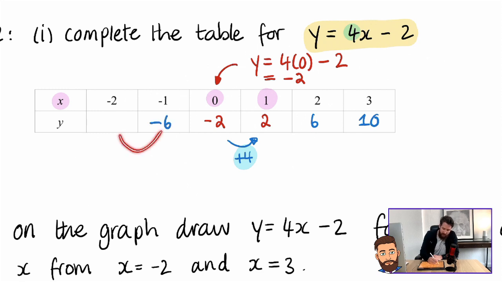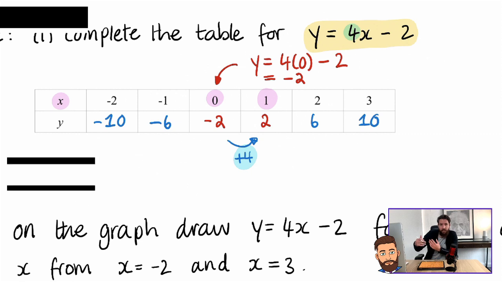And if I take away another 4, it's going to get me to -10. So that is a method where you can work out the rest of the table coordinates once you've found out 1. And I always start at 0 because it's the easiest one. Once you've found this one, you can check what this line is increasing by: 4. Going up by 4. So you can just add 4, take away 4.